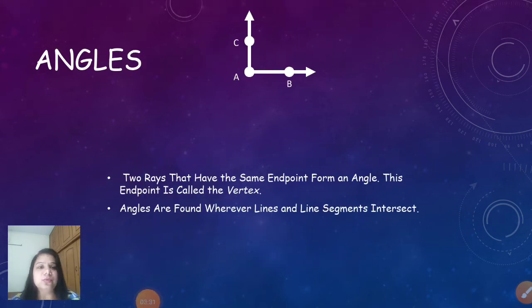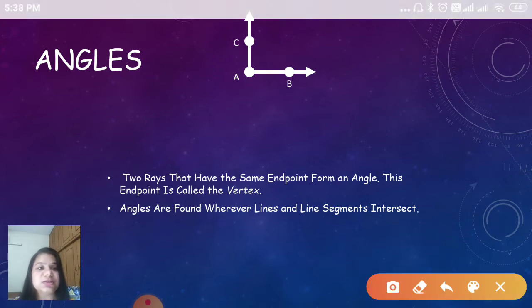Now coming to the angles. What is an angle? When an angle is formed. So an angle is formed when two rays that have the same common endpoint, when they start from the common endpoint, they form an angle, and this common endpoint is called the vertex. So angles are formed whenever lines and line segments intersect each other.